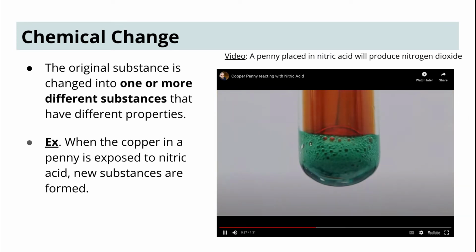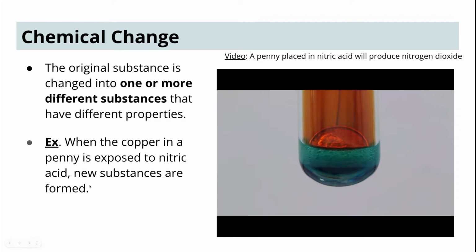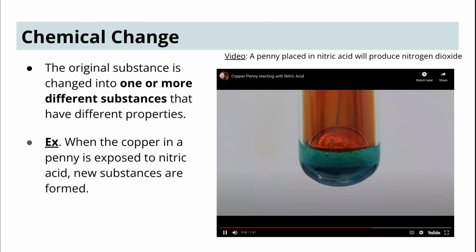You can also see some color changes. The nitric acid started quite green, starting to go a little bit blue. We're starting to get some black spots here on the penny as well. The bubbling's continuing. So you can see as this reaction's happening that new substances are being formed.